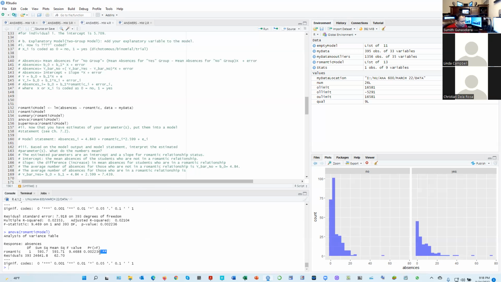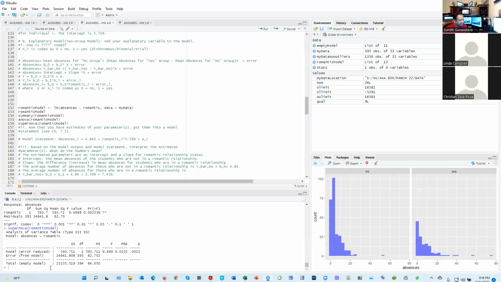The p-value is less than 0.01, and you can simply convert it to 0.001. If you use supernova, it will display everything, the same as you saw from the empty model. The sum of squares total is the unexplained error carried over from the empty model.